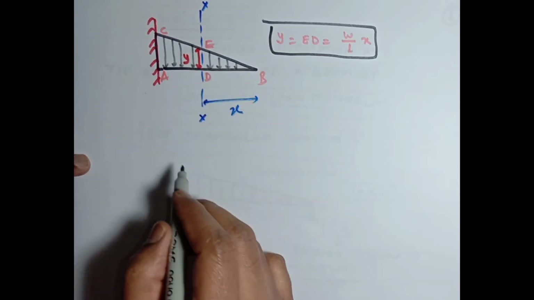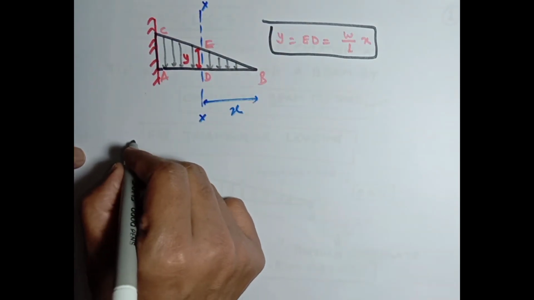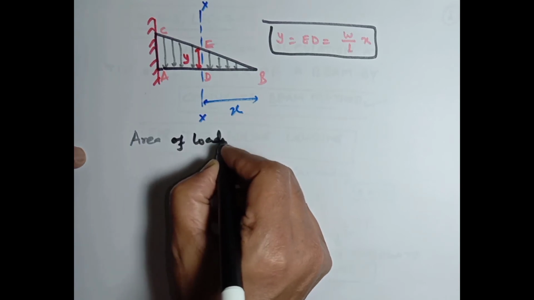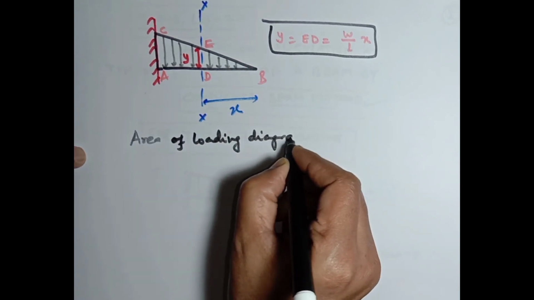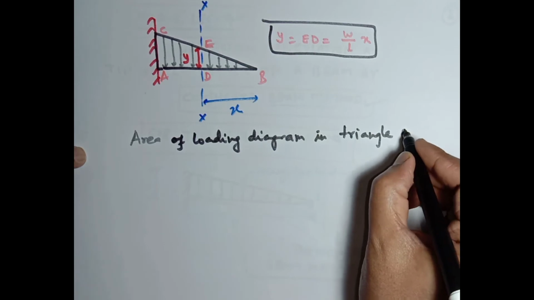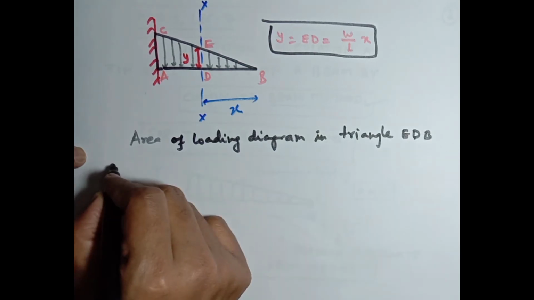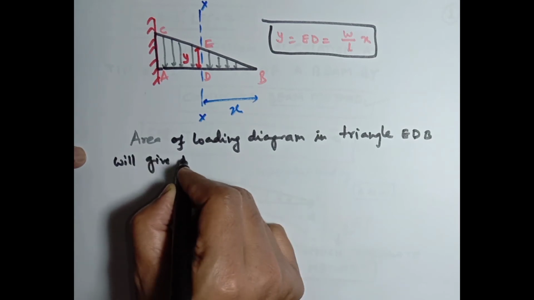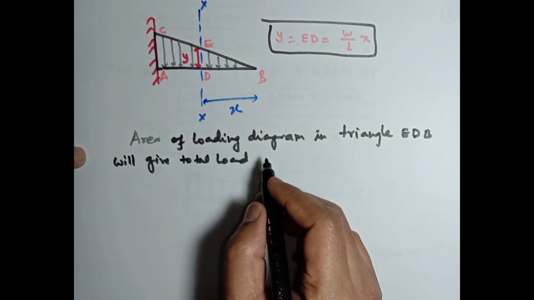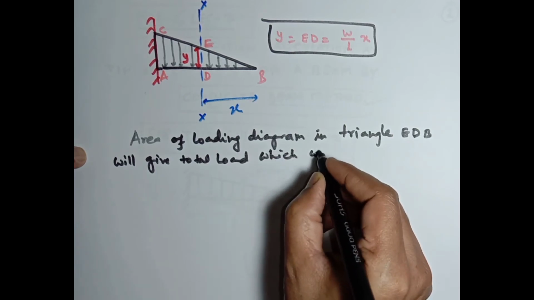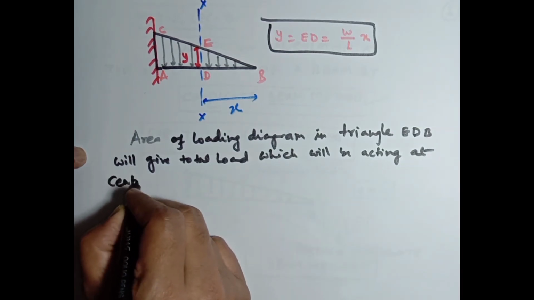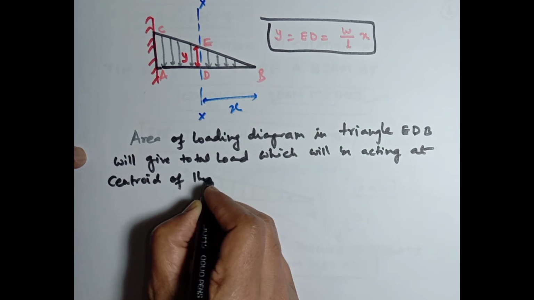Area of this loading diagram, triangle EDB, will give the total load, which will be acting at the centroid of this loading diagram.